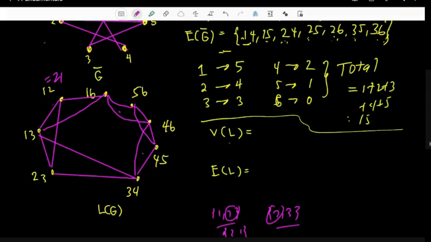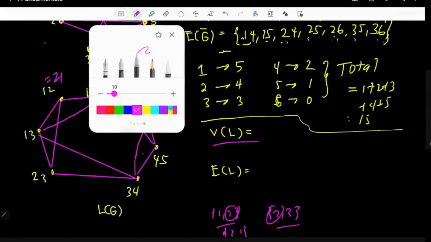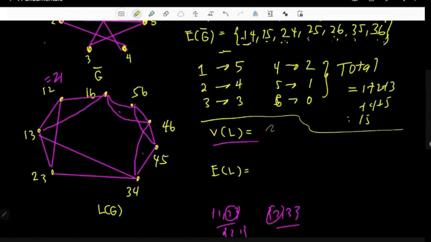So, you can just write here the vertices. As vertices, you write this as a 2-element subset. So, that's 1, 2, 1, 3. At this point, okay pa siyang isulat in this representation kasi single digit pa lahat.